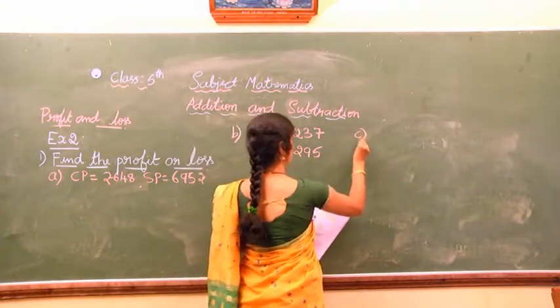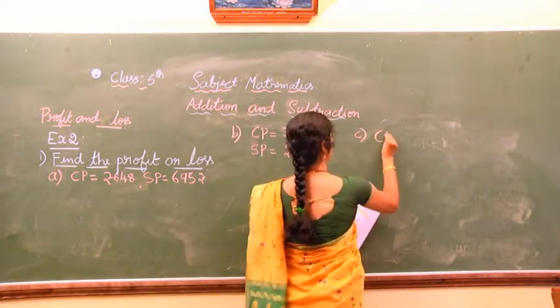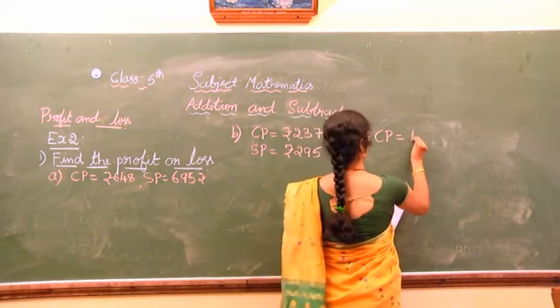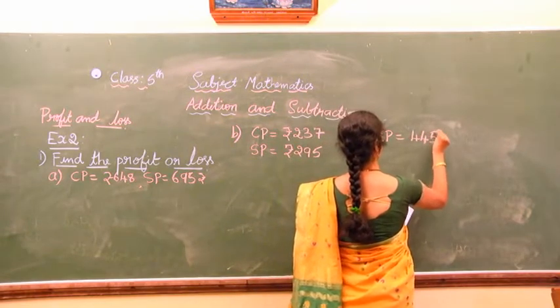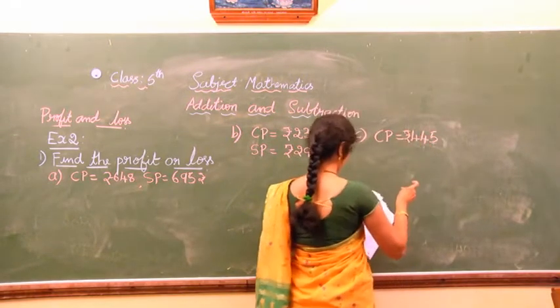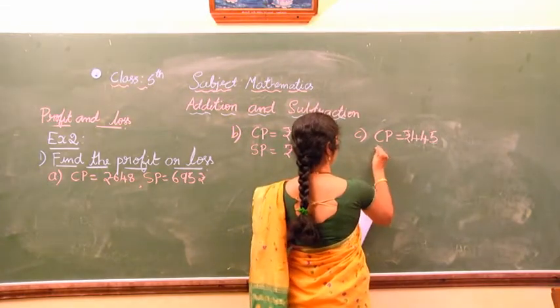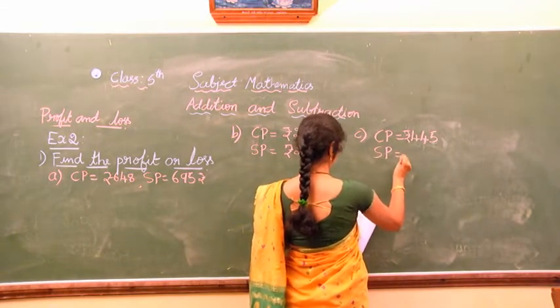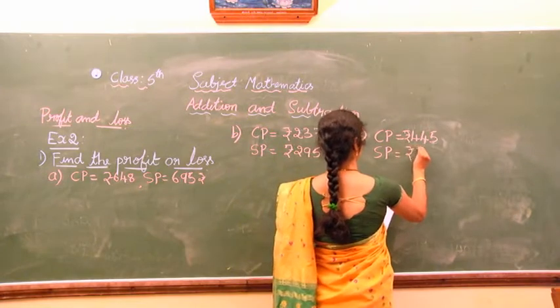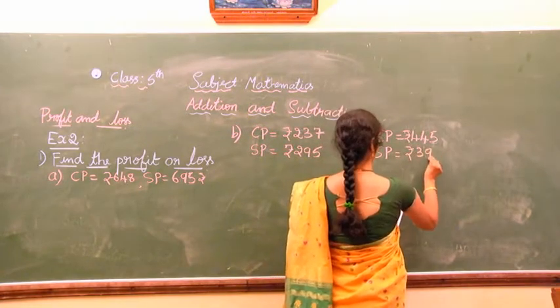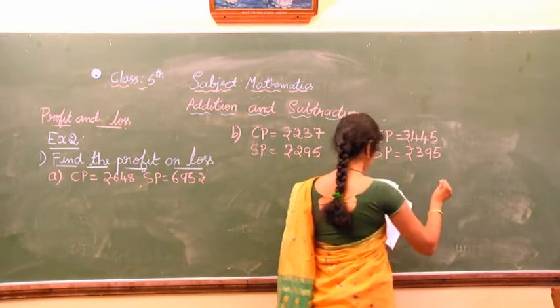C: CP equal to 445 rupees, SP equal to 395 rupees. Okay.